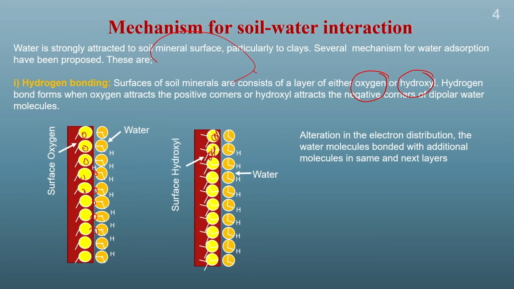This OH ion will be attracted or attached to the oxygen atoms present in the water molecules, thereby forming the hydrogen bond here. This hydrogen bond is generally considered a secondary valence bond, which we will discuss later, and it is stronger than a secondary valence bond, but weaker than the primary valence bond.